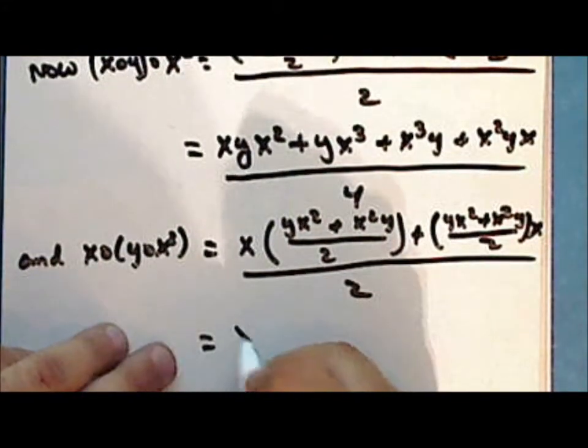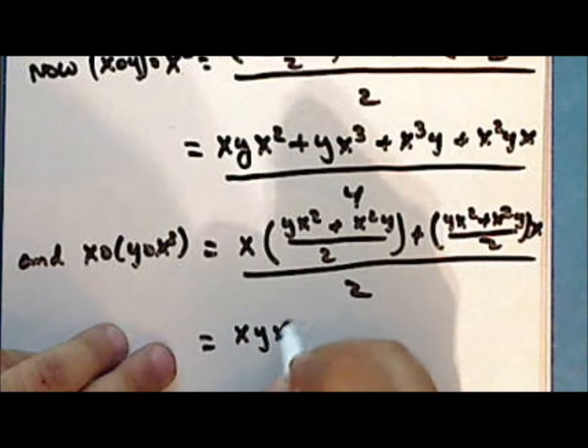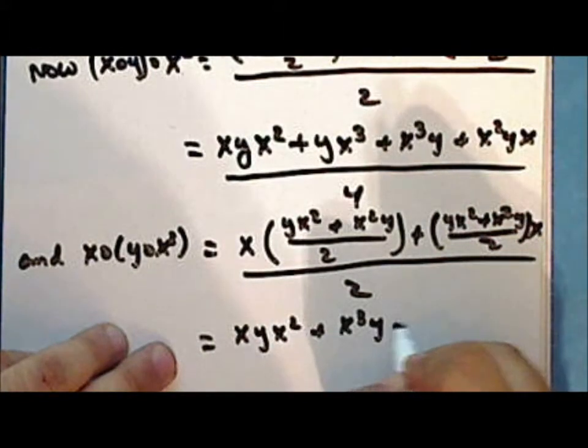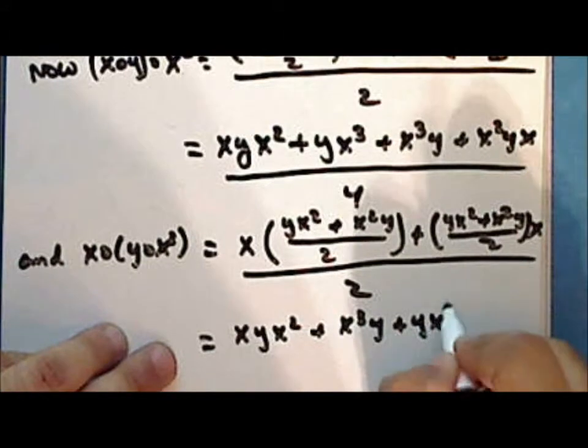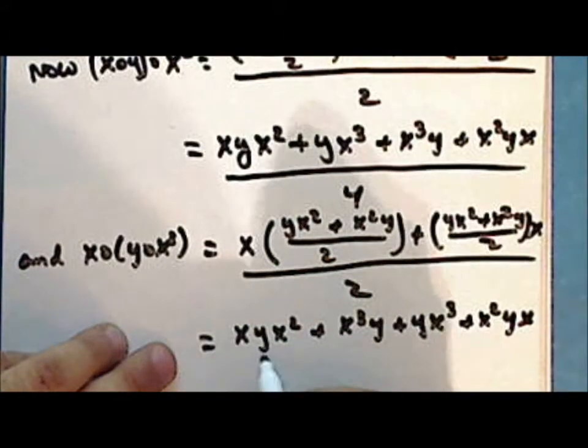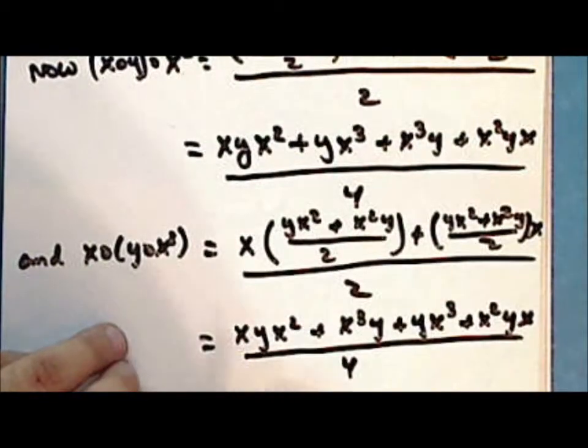And so we have x times y times x squared plus x cubed times y plus y times x cubed plus x squared times y times x, all of which is divided by 4.